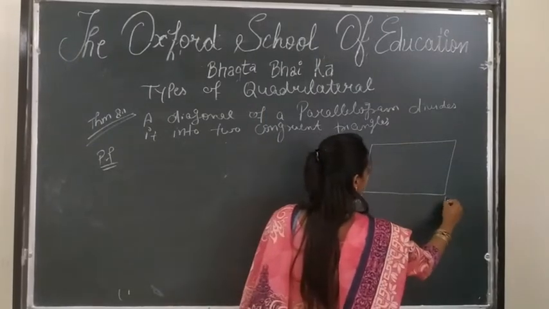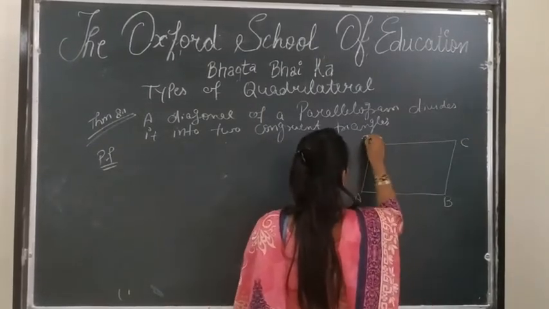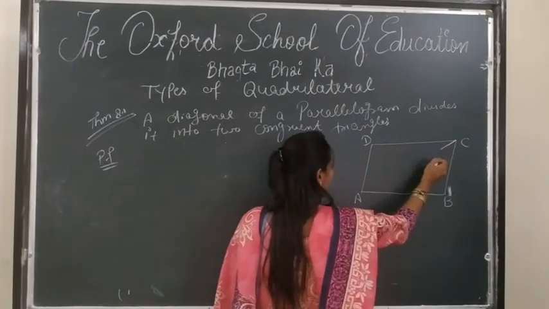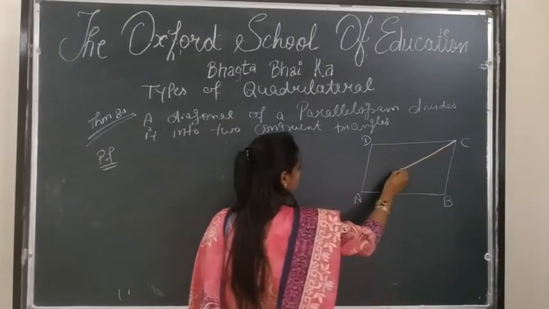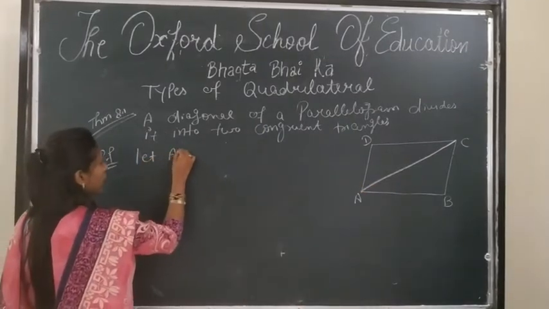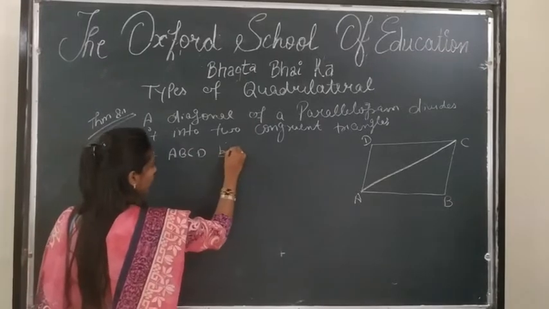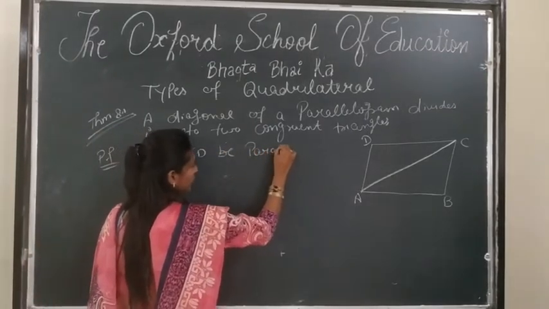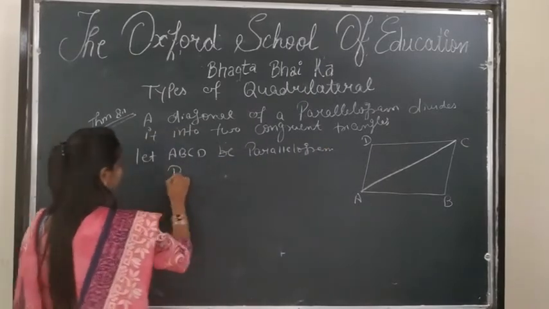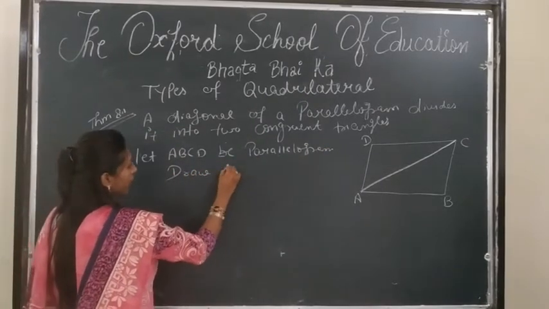Name it as A, B, C and D. Also draw diagonal AC. You can draw BD also. So let ABCD be a parallelogram. Draw diagonal AC.